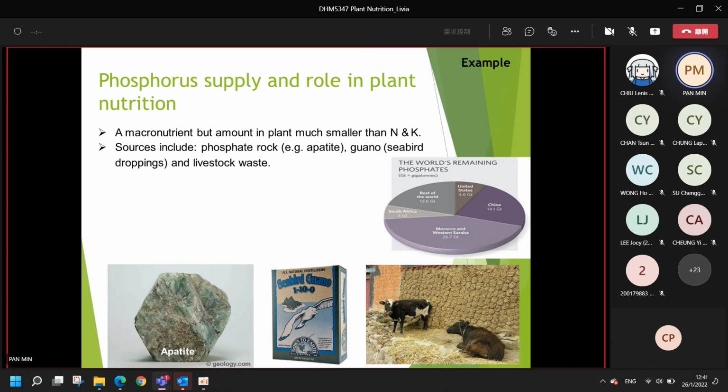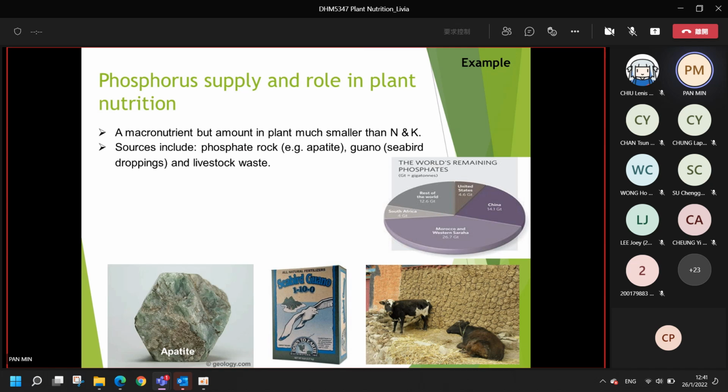And phosphorus, and here I give you an example to show the phosphorus concentration in the soil fertility.